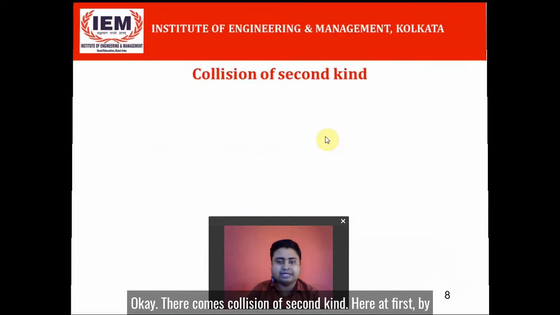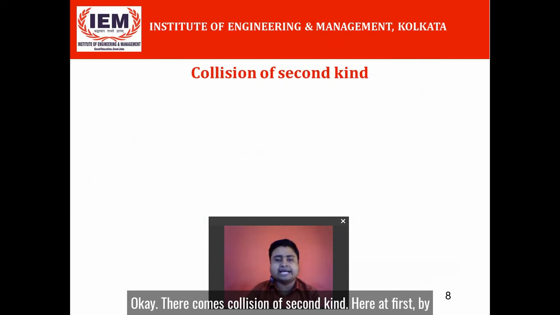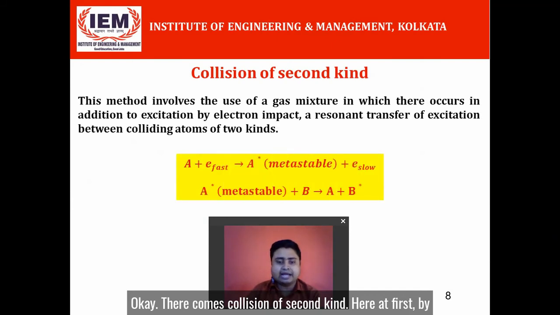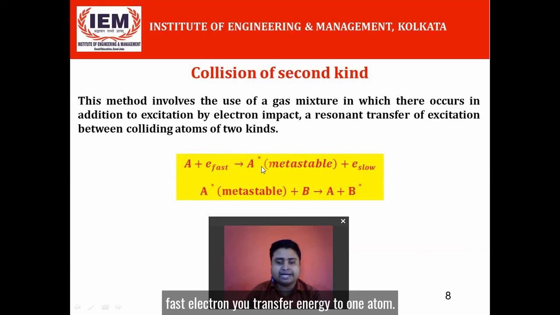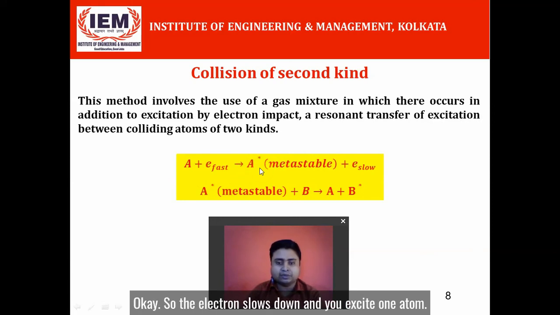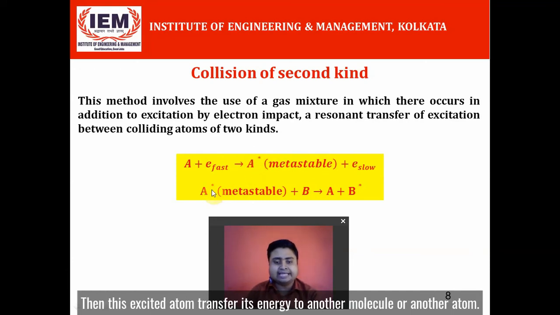Then comes collision of the second kind. Here at first, by the first electrons you transfer energy to one atom. So the electron slows down and you excite one atom. Then this excited atom transfers its energy to a molecule of another system or another gas.